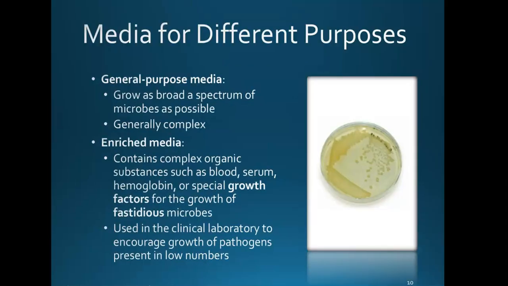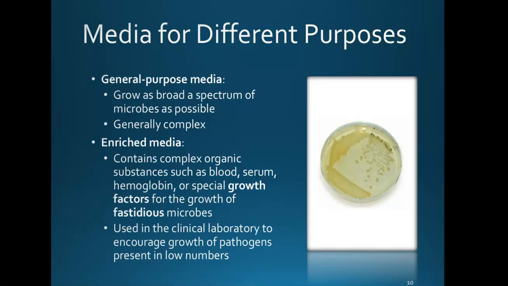All right, so that's our chemical composition. Now let's talk about the functional type. All right, we said what is the job of the media? Kind of what role do we want it to accomplish? So we have what we call general purpose media. And so this is basically media that's not special. It basically works well when you don't know what you're looking for.